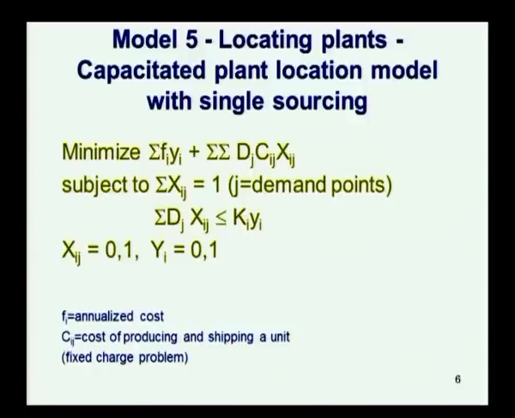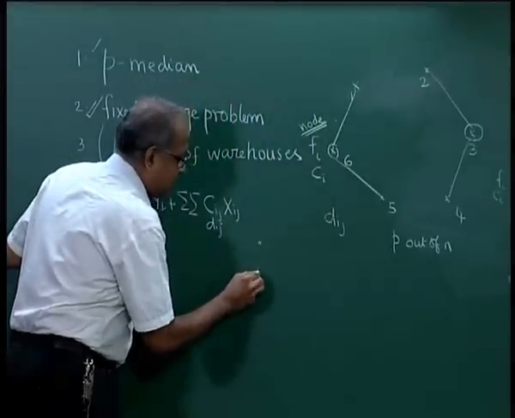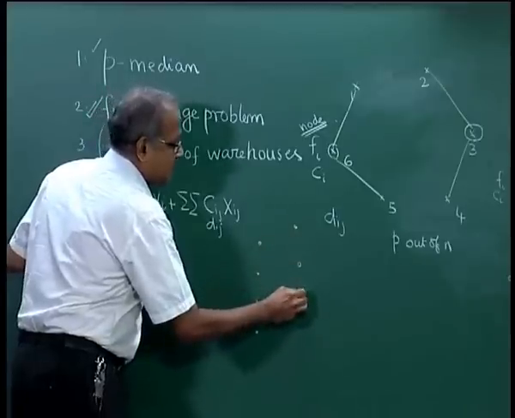Now, we look at locating plants, the capacitated plant location model with single sourcing. So, as model 5, what we see is the same fixed charge problem here. When we go back to this network, which I draw again, these are the possible sites, these are the customers.